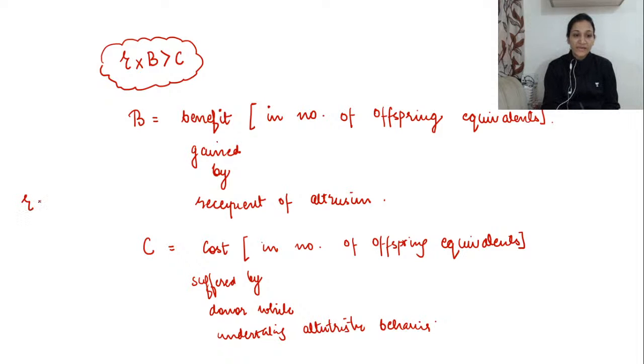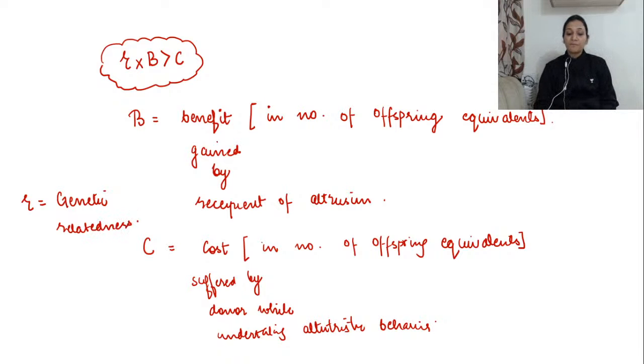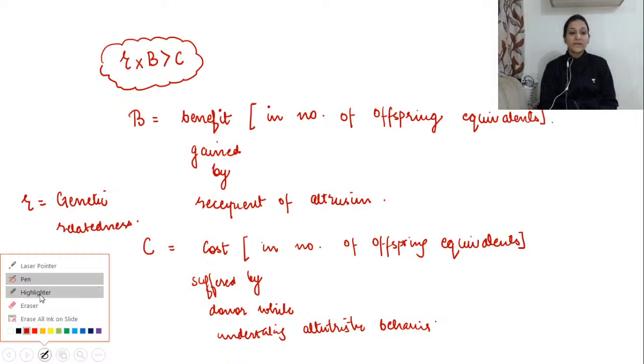Now what is R? We have already seen R. It is the genetic relatedness of the altruist to the beneficiary. So relatedness, when seen in terms of percentage, is the probability that a gene has the potential to be shared with the further generation, right?